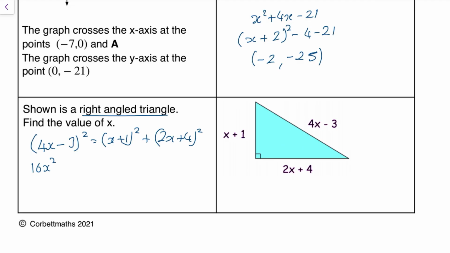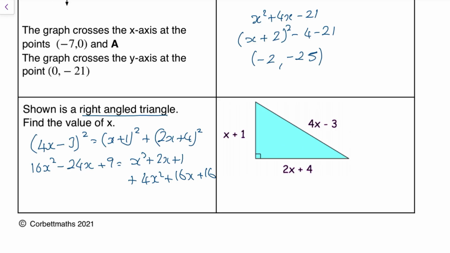So 16x squared minus 12 times 2 is minus 24x, plus 9 is equal to x squared plus 2x plus 1 plus, well, 2x plus 4 squared is going to be 4x squared plus 4 times 2 is 8, double is 16x, plus 16. Now, very carefully, let's move everything to the left-hand side.